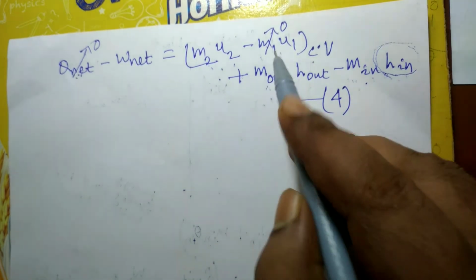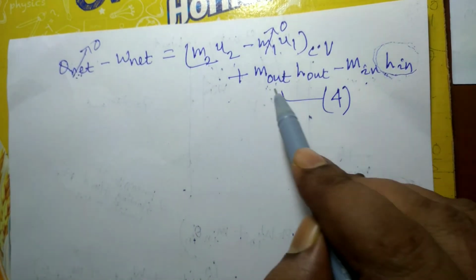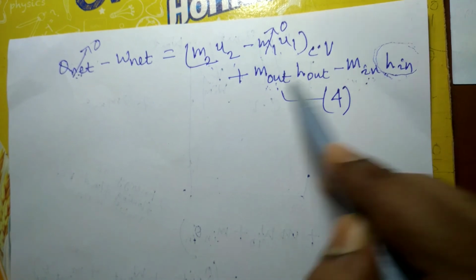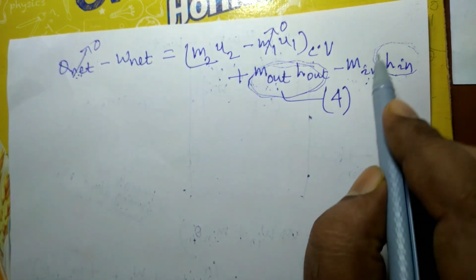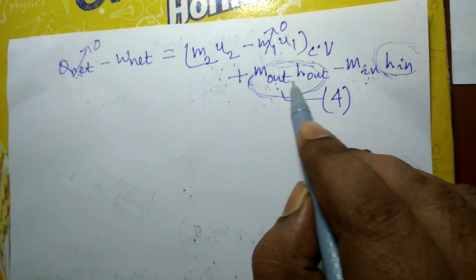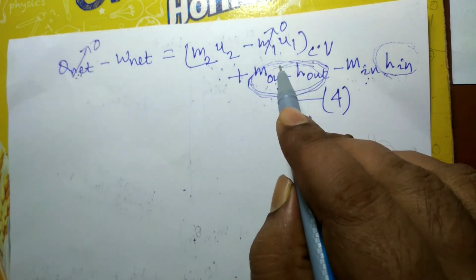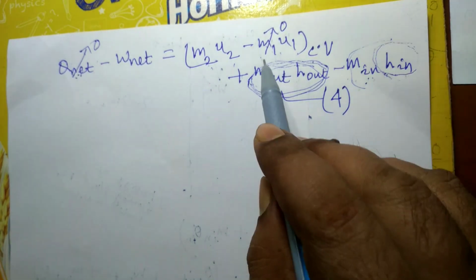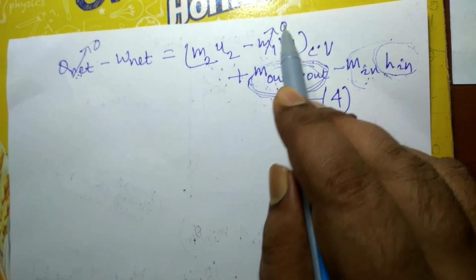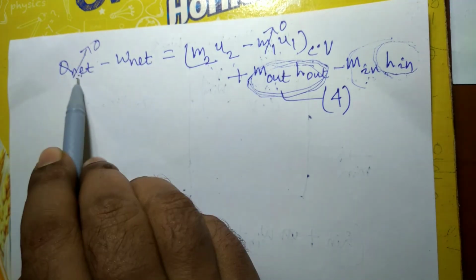In case of charging there will be no M out, only M in, so the M out term will be reduced to 0. In case of discharging only M out will be there and no mass will enter, so the M in term will be reduced to 0. If it is evacuated, M1 will be 0, and if it is insulated, Q net will be 0.